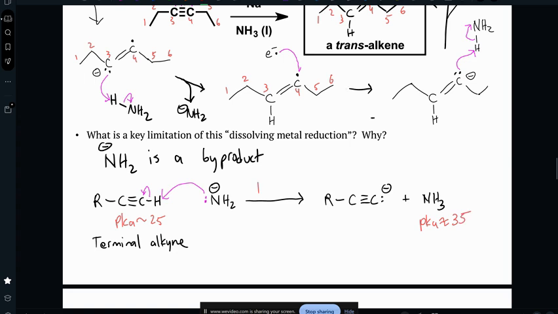So this reaction is very favorable. So because NH2 minus is produced, if my starting material is a terminal alkyne, then I'll get this undesirable side reaction. So this is not a desired reaction. So the bottom line is we can't use this reduction on a terminal alkyne.